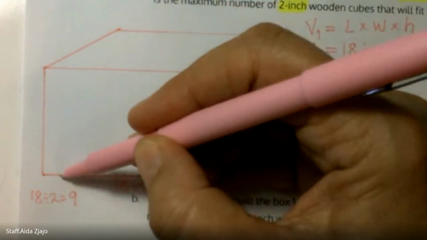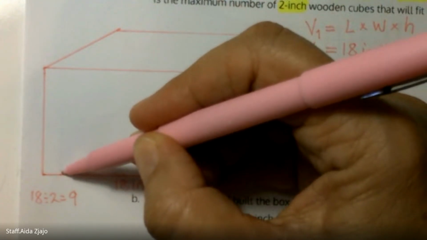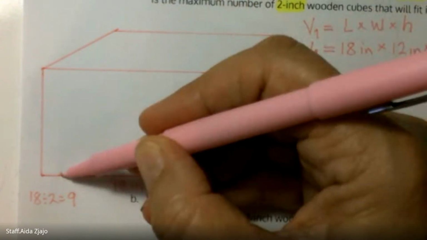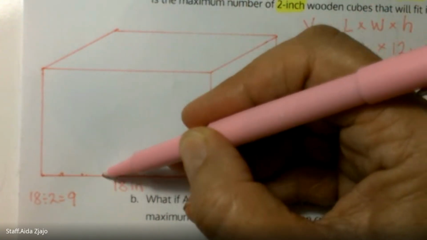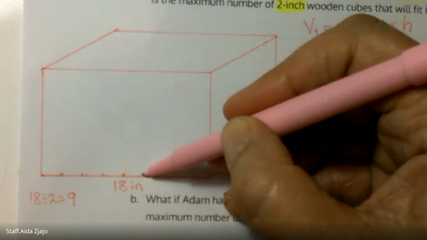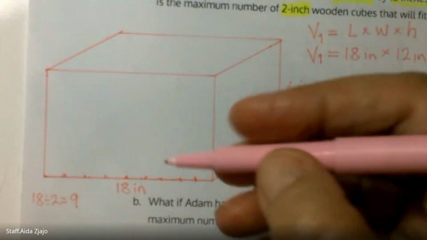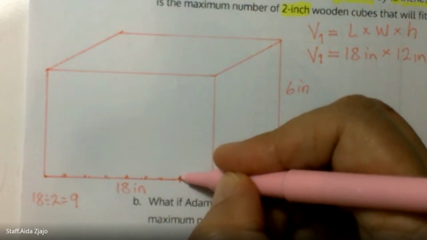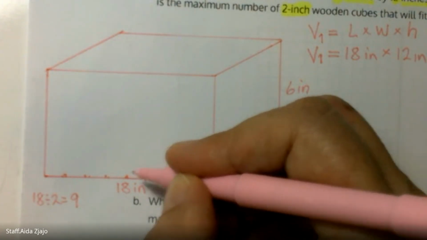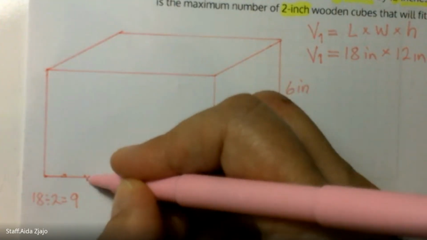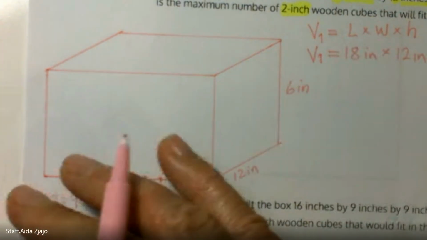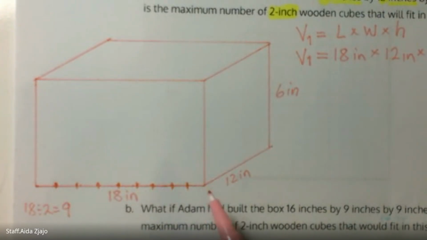If you want to make 9 spaces, you need 8 dashes. So this is how 9 wooden cubes would fit.